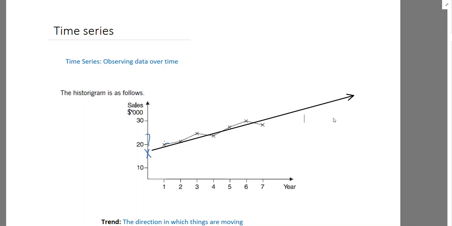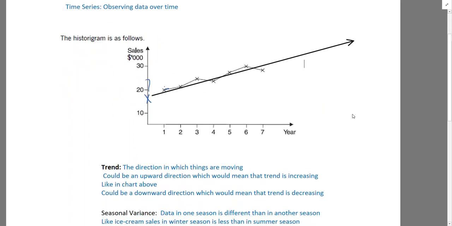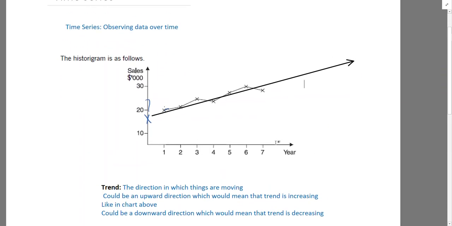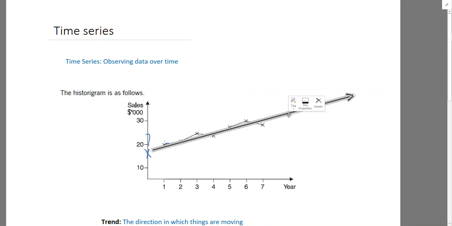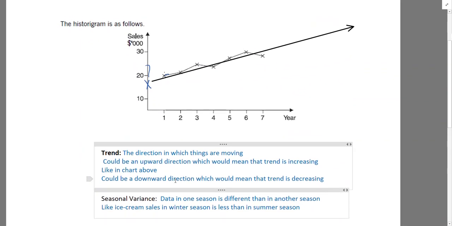It is good to be right up to some extent. So the things we look at in time series analysis are, first, the trend. Trend is the direction in which things are going. It could be either increasing, like in this case, or decreasing. Next thing is seasonal variation.